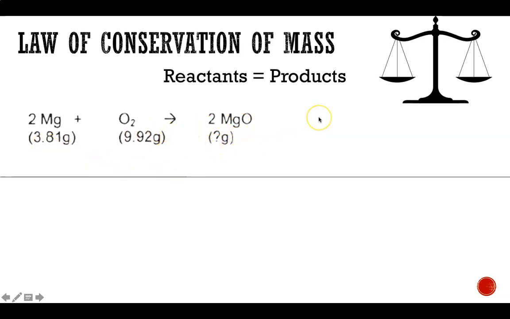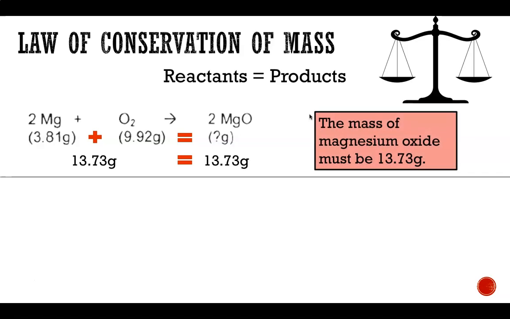So you can almost think about it a bit like a math equation. I need to add my two reactants, those masses there, to figure out what the mass of my product needs to be. If I add those together, I get 13.73 grams. And so that is what the mass of my product, my magnesium oxide, needs to be.